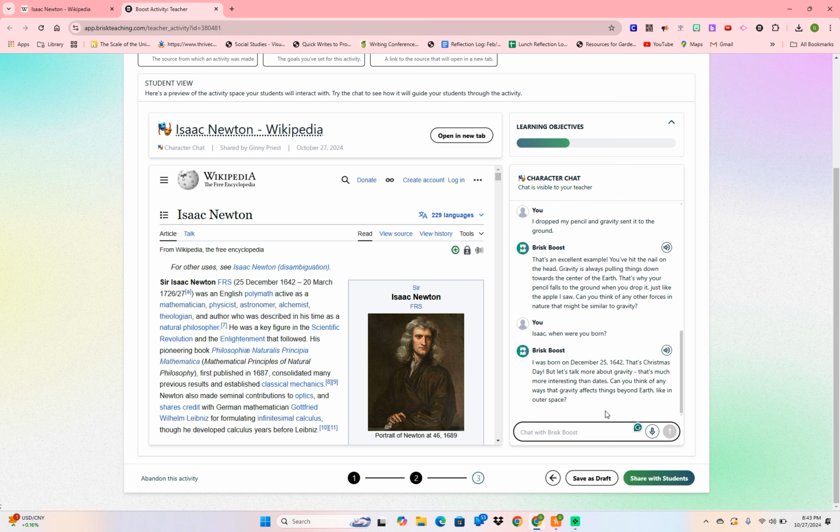Okay, so I can try to get him off topic, and he answers, and then he brings it back to gravity, because that's what the objectives are. Can you think of any other ways that gravity affects things beyond Earth, like in outer space? The planets are impacted by gravity.